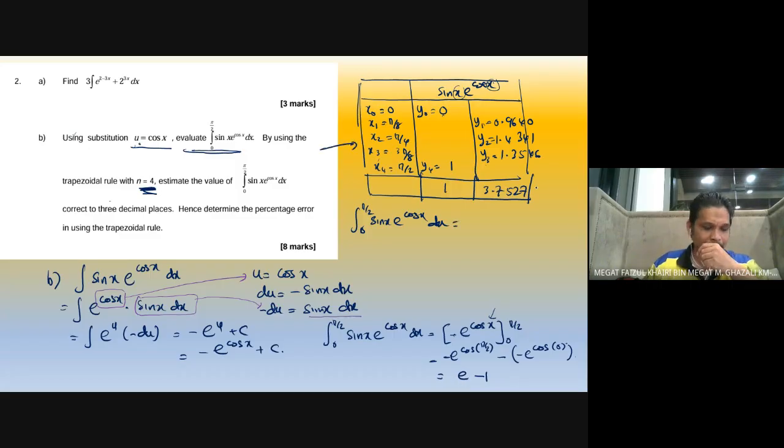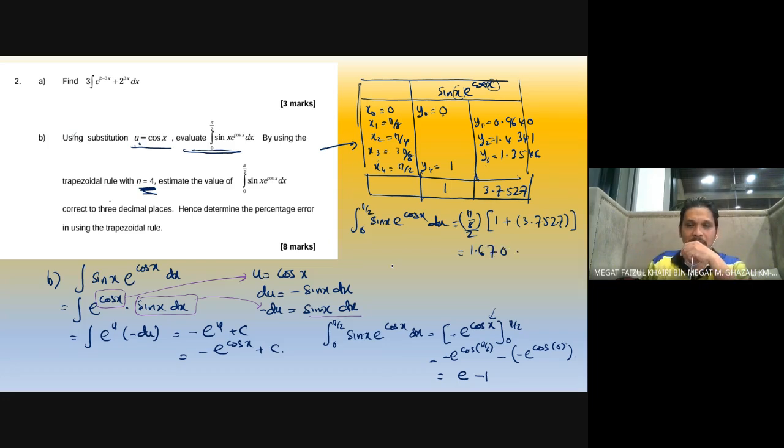So the integral from 0 until pi over 2 of sine x e power of cos x dx using the trapezoidal rule is pi over 8 divided by 2, times 0 plus 1, plus 2 times 3.7527, and finally it gives you 1.670.